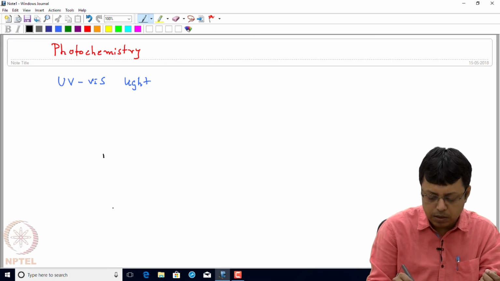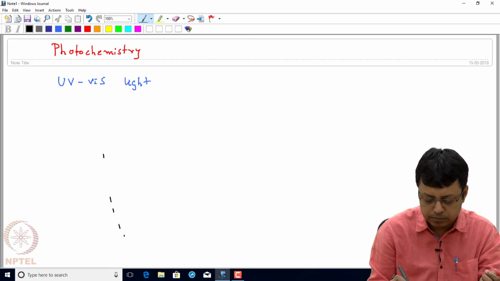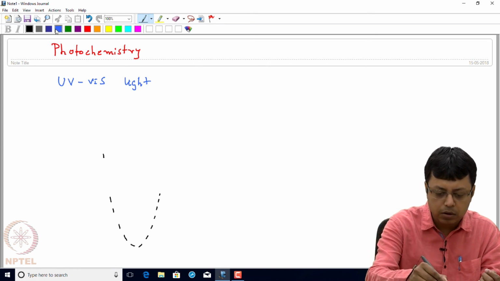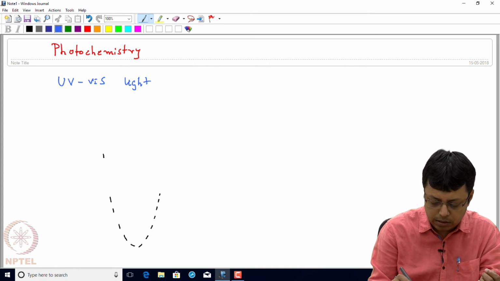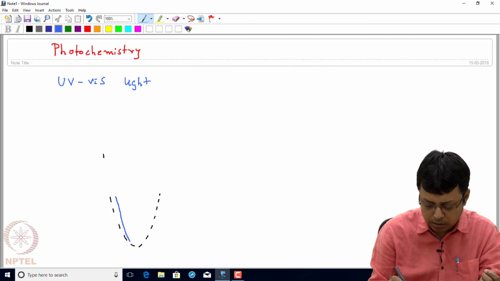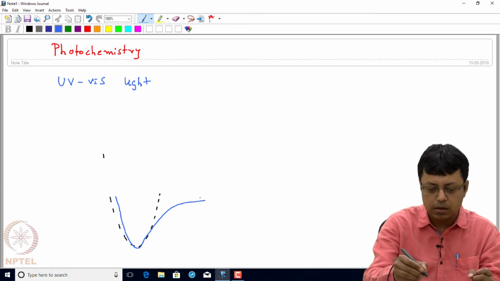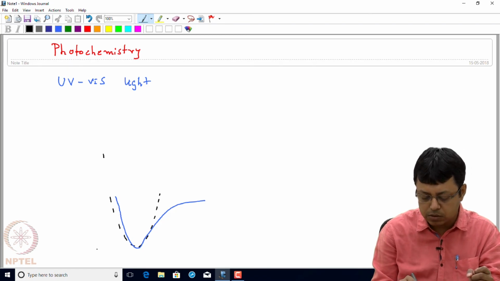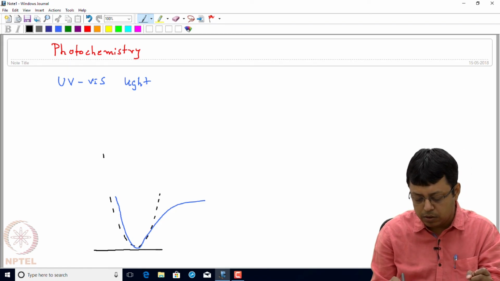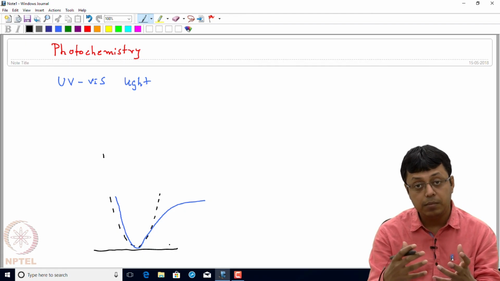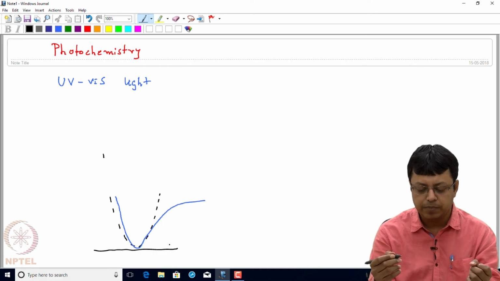What I'm showing here is a harmonic potential well, and on top of it I am showing the real potential felt by a molecule. As you can see, very close to zero level, in the sense close to the ground electronic level, the potential can be approximated as a harmonic potential.